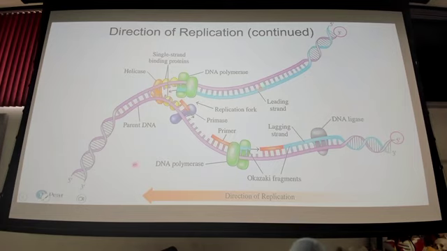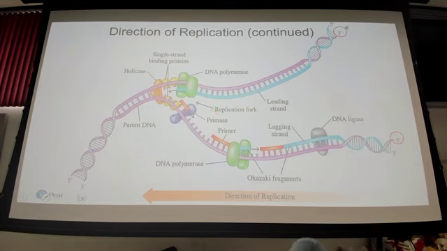Somebody tell me the first step of DNA replication. DNA splits how? Helicase. Then what happens? Single-stranded binding proteins stop it from going back together. Then what happens?